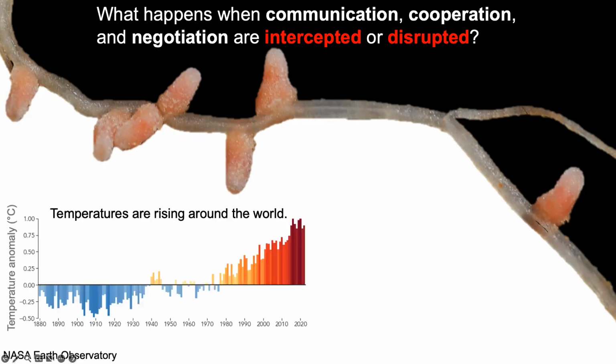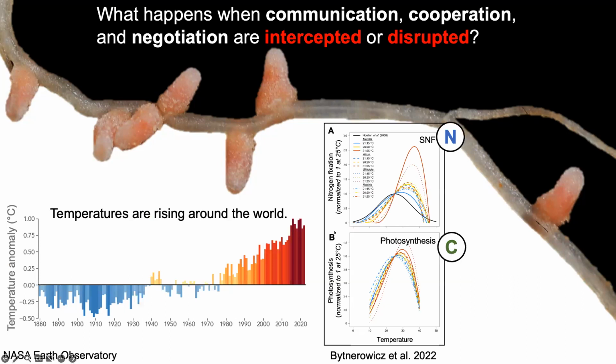So I'm just going to show you one slide on each of those to justify the connections and why I think they're so cool. As all of you know, temperatures are rising rapidly around the world. So we expect temperature changes to be a major environmental factor that these mutualisms are going to encounter in the future. What is really cool about this particular interaction is that we know that both the production of nitrogen and the production of carbon are sensitive to temperature.